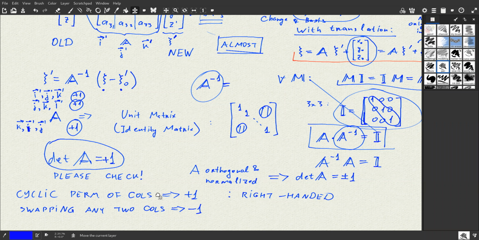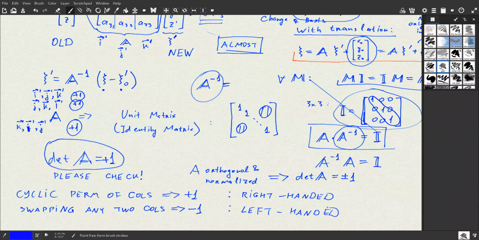Whereas if you swap any of the two columns, it means that you start looking at your system from the negative end of a certain column, and then your system becomes left-handed in that case. So this is some kind of geometric intuition behind that.